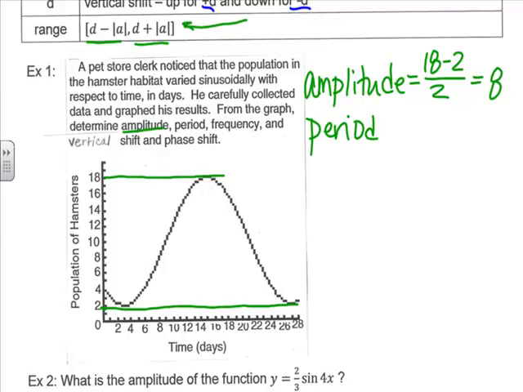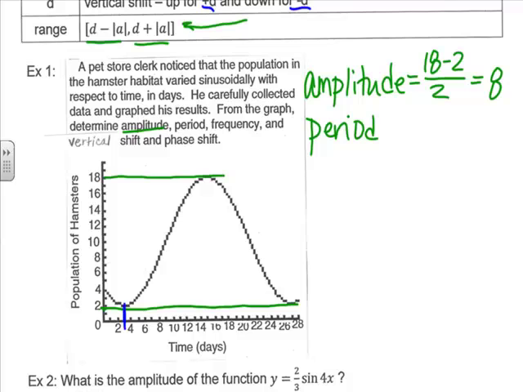Okay, what is the period? The period is how long it takes it to do its thing once. This is another one where you have to take a look at your graph and find a starting point and a finish point. Sometimes it's hard based on the graph, but it appears that if I want to find just one cycle, this is a low point here.